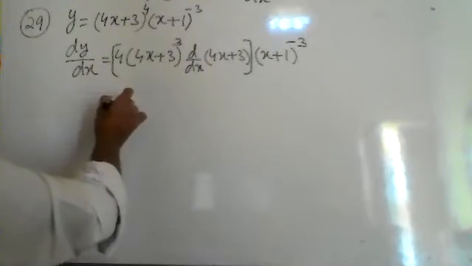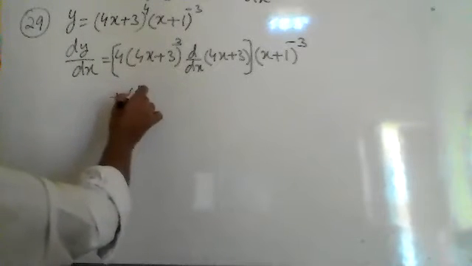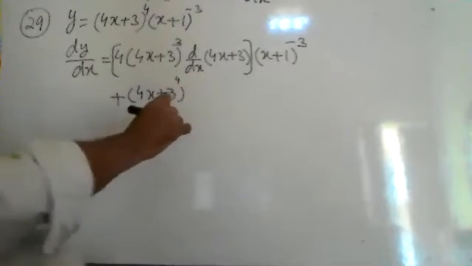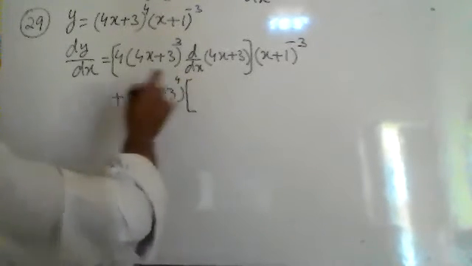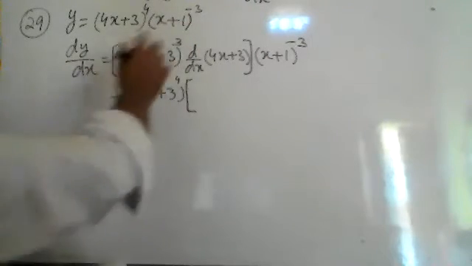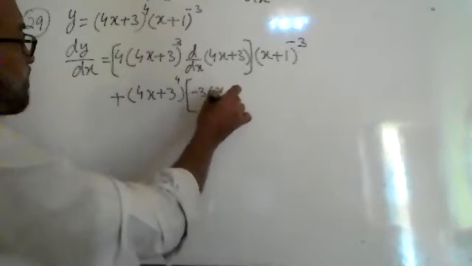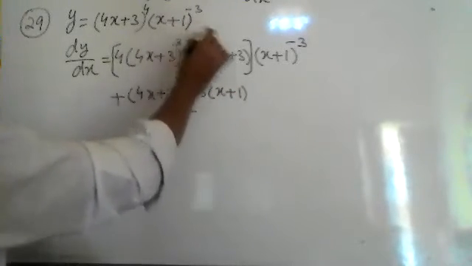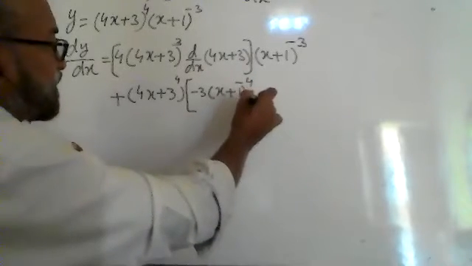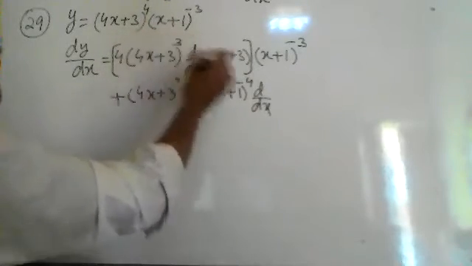Plus first function will remain as it is, 4x plus 3 raised to power 4 into the derivative of this one. The derivative of this one will be, first of all, we'll take the minus 3 into x plus 1 raised to power minus 3 minus 1 will become minus 4 into the derivative of what was inside, x plus 1.